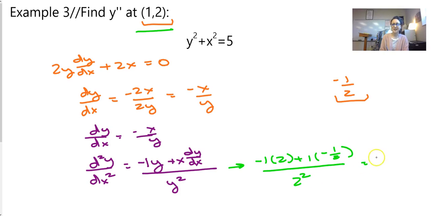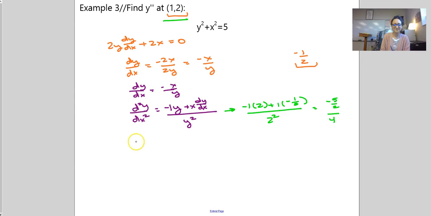Cleaning this up a little bit, I have negative 2 minus 1/2 in the numerator, so that'll be negative 2.5, also known as negative 5 over 2, right? All over 4. All right, so we have negative 5 over 2 divided by 4, which is the same as multiplying by 1/4. So I'm getting negative 5 over 8 as my final answer for the second derivative.